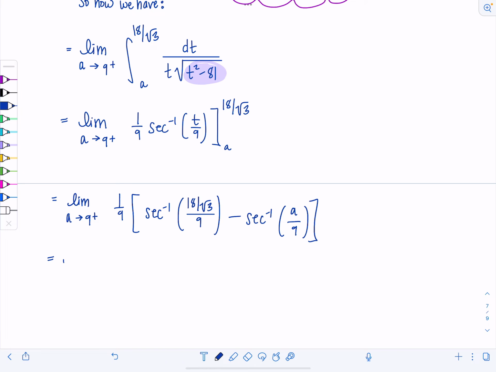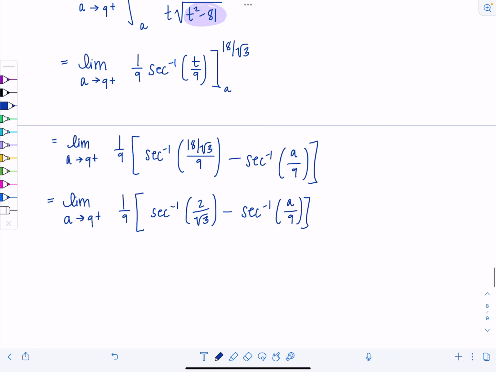Okay, so we've got limit, a approaches 9 from the right, 1/9 secant inverse of 18 over rad 3 over 9, that's 2 over rad 3, minus secant inverse of a over 9. Okay, this is not so bad.